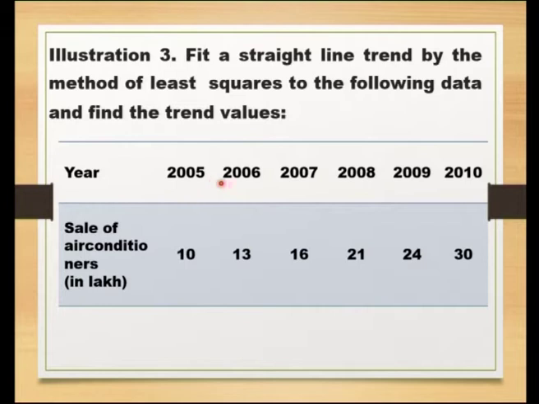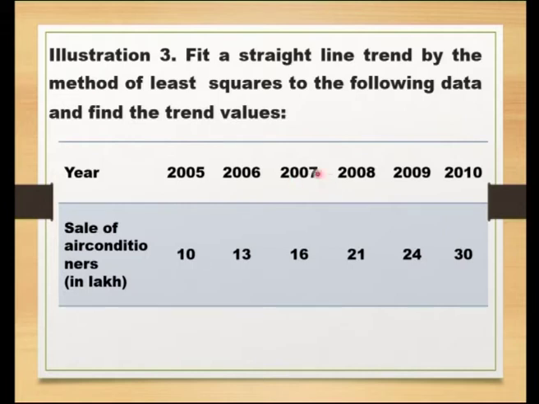Here, the number of years given is 6, that is 2005, 2006, 2007, 2008, 9, 10, that is 6 values are given. So, even number of values are given. There is no mid year to take as the origin and compute summation x as 0.